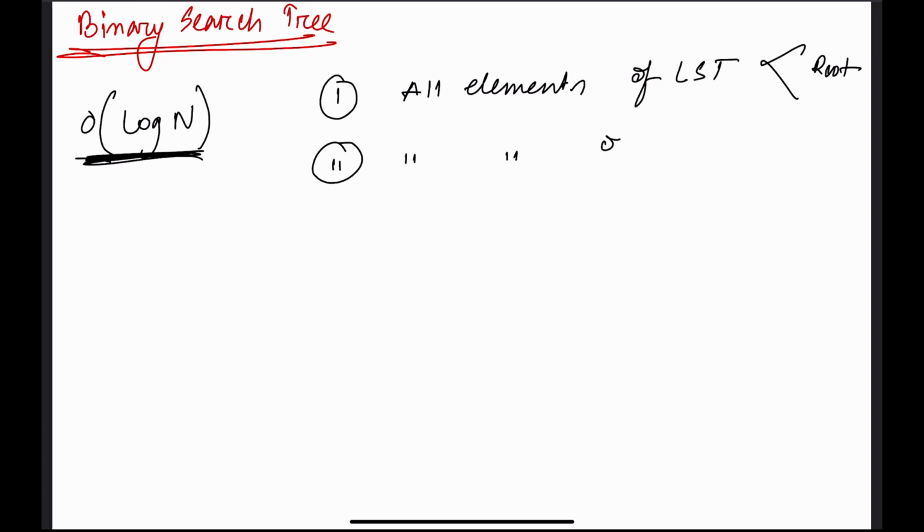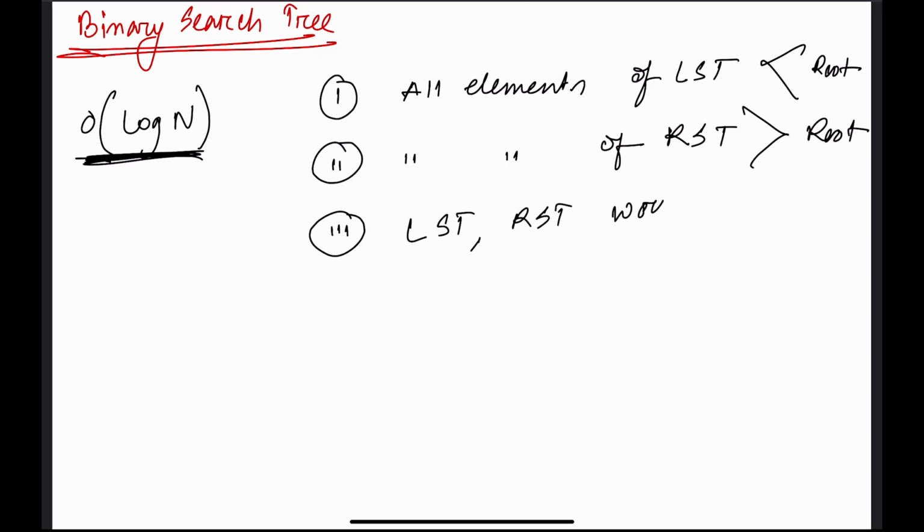All the elements of the right subtree will be greater than the root. And obviously the left subtree and right subtree would be binary search trees. They also need to satisfy these two properties.